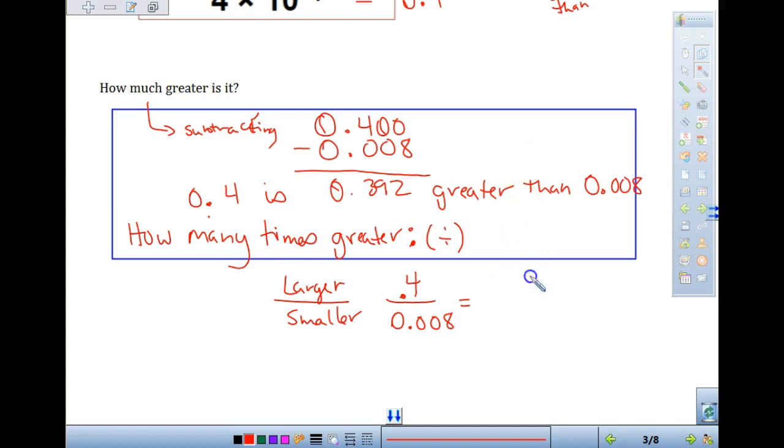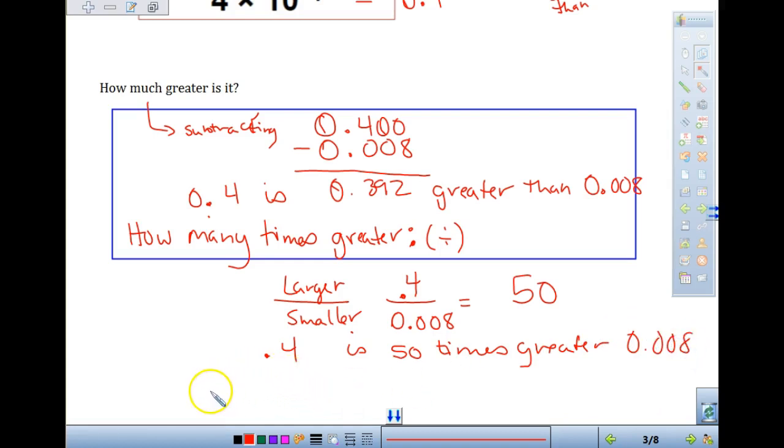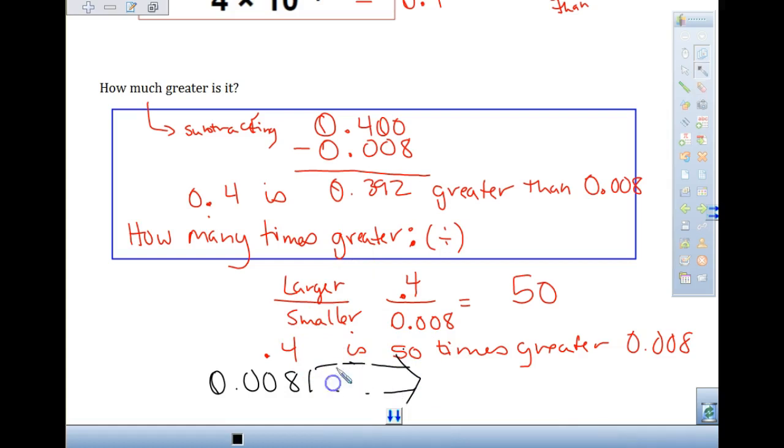So, if we are looking at this one, how many times? What did you get, Cassie? 50 times. So, we would say that 0.4 is 50 times greater than 0.008, which means if I started out, and today when you do this poster project, you might start with 0.008, that length, and if you have an option of multiplying it by 50, you're going to have an arrow that kind of looks like this, times 50.